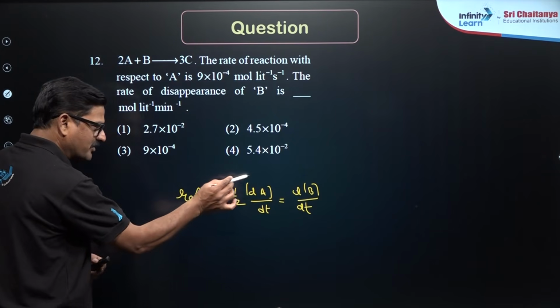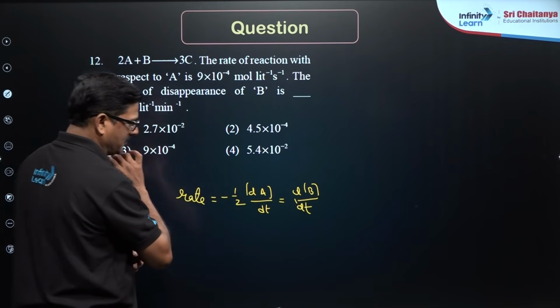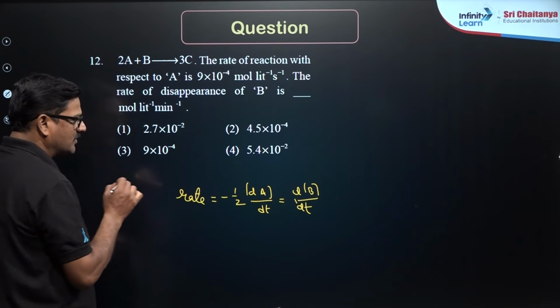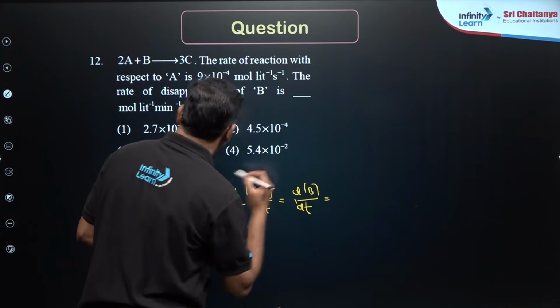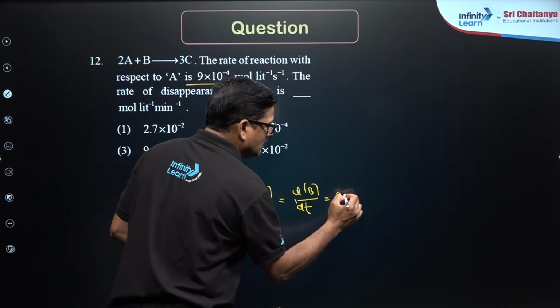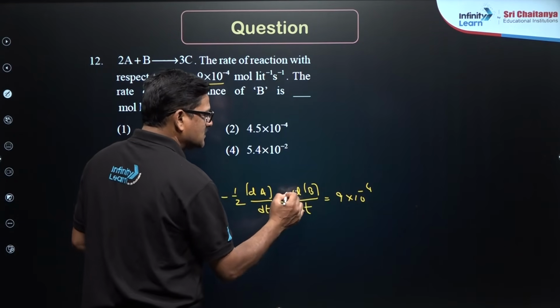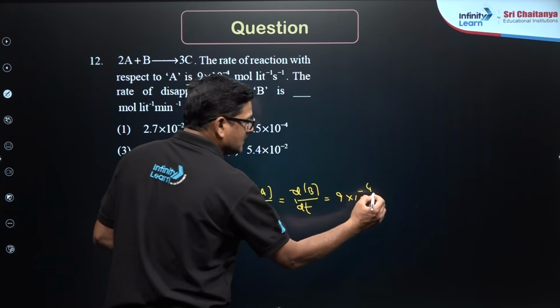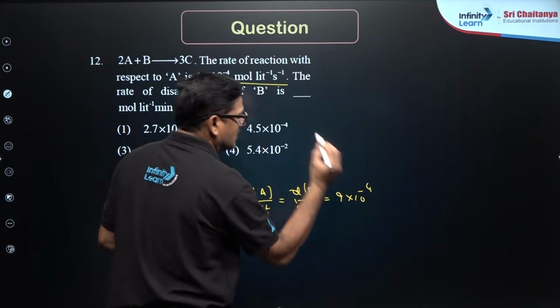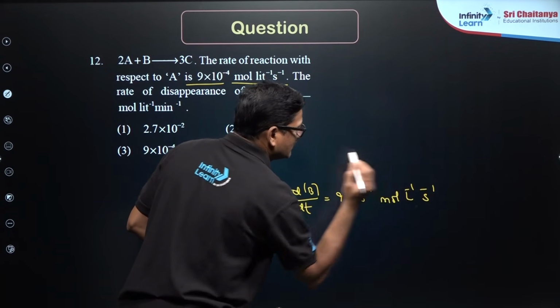So, the rate of disappearance of A and the rate of disappearance of B. The rate of disappearance of B is going to be 9 into 10 raised to negative 4, given in mol liter inverse second inverse.